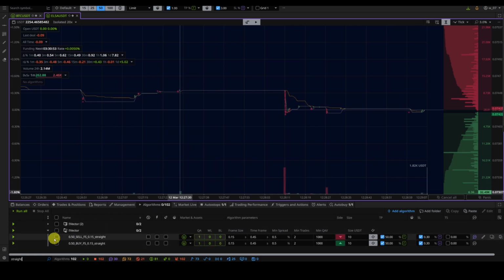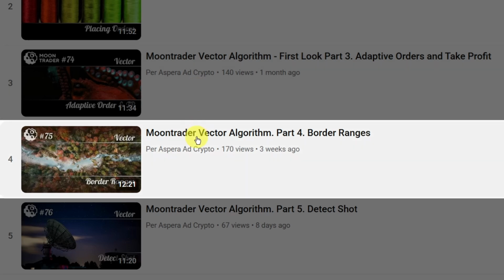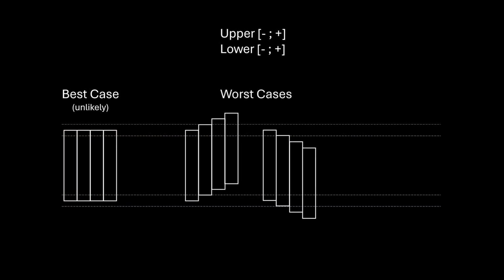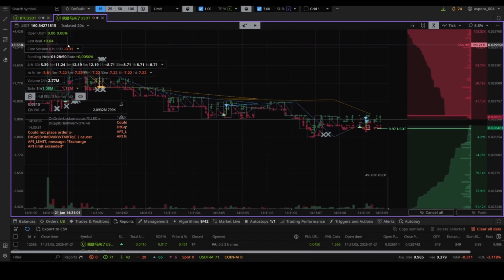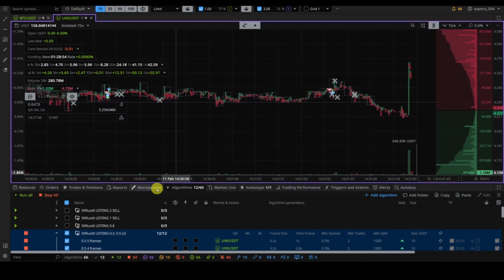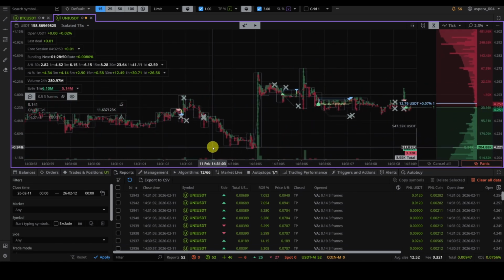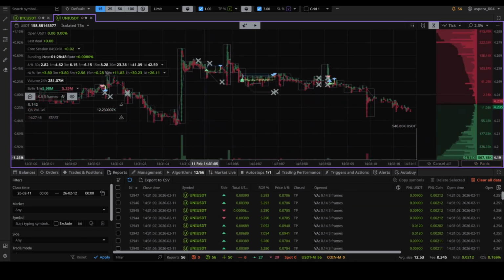Let's get the most uneventful one out of the way first. It was based on the border ranges video, specifically the setup where the algo looks for a straight, continuous spread like this. To be able to produce footage for the original video, I used razor-thin spreads like 0.15 or 0.2%.